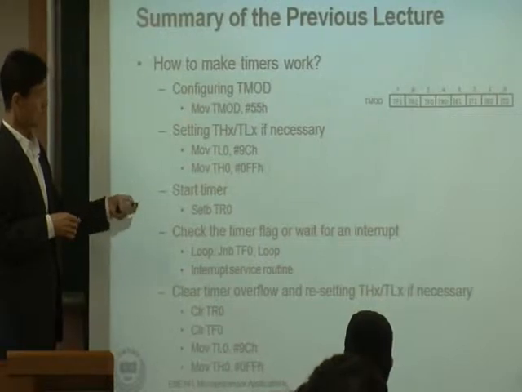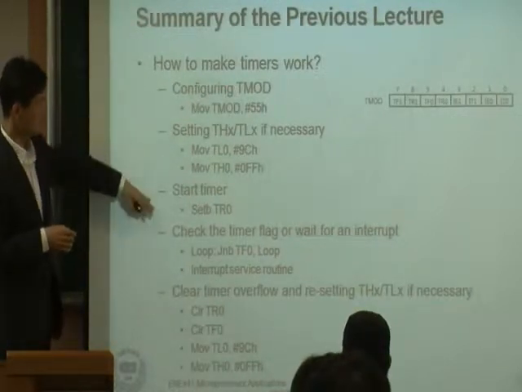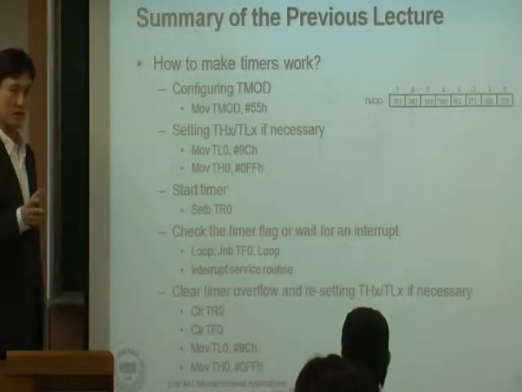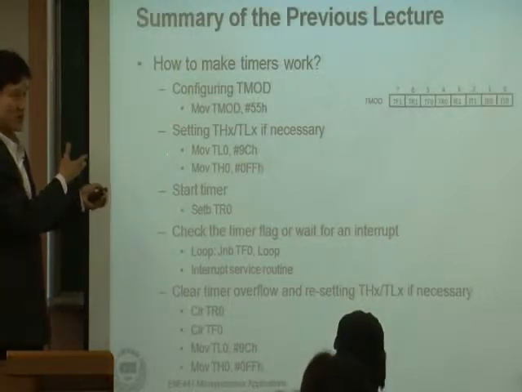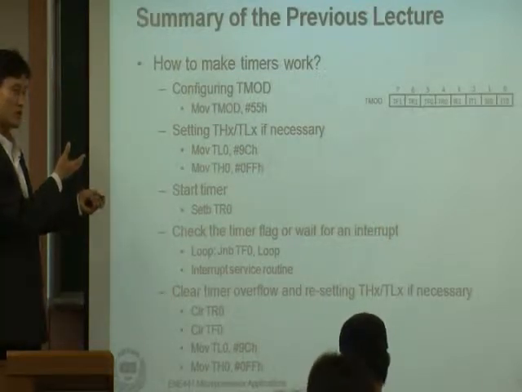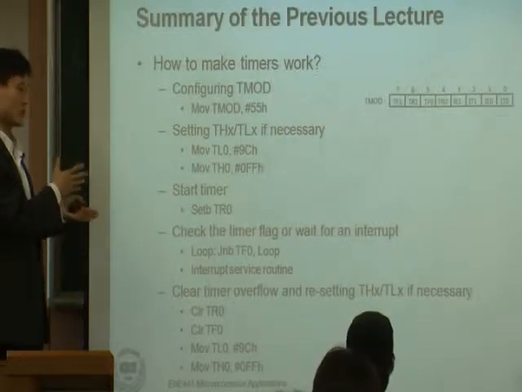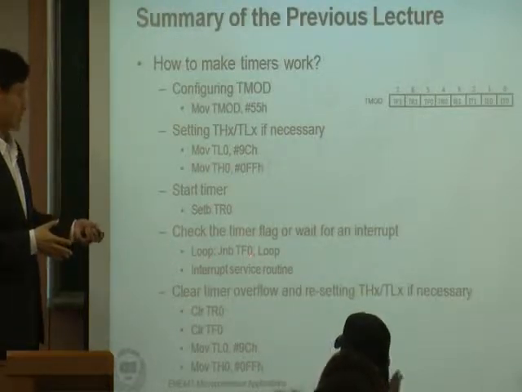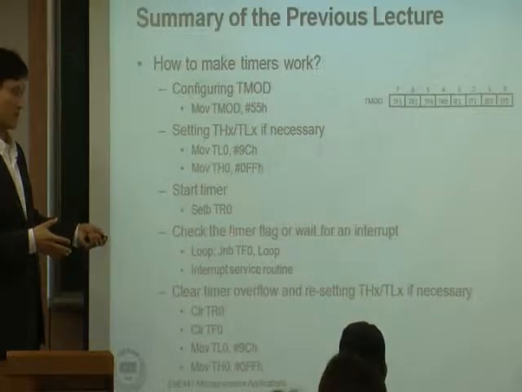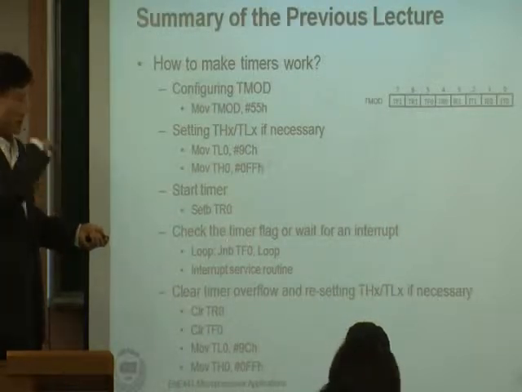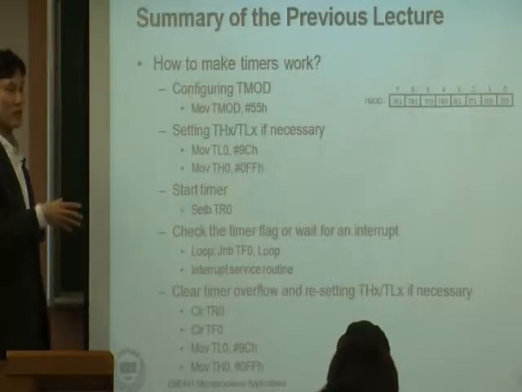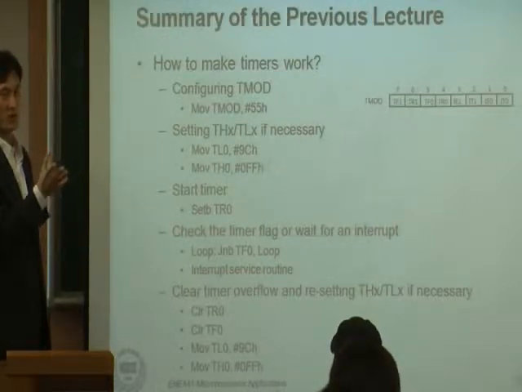Once the timer runs, in this case, we didn't use interrupt yet. I didn't program any interrupt. So what do you need to do? Since I didn't use the interrupt, I have to watch this bit, TF0, until it becomes 1. That's one way, the way I described as software polling.